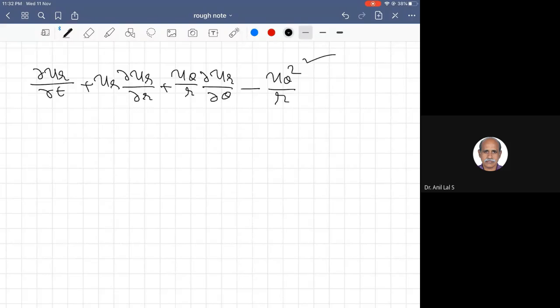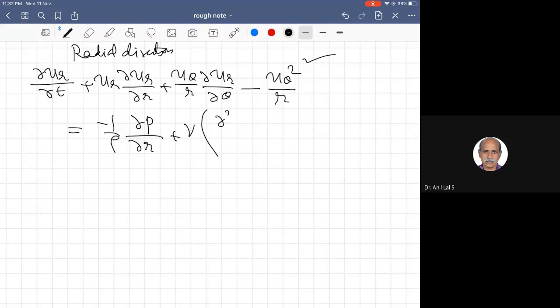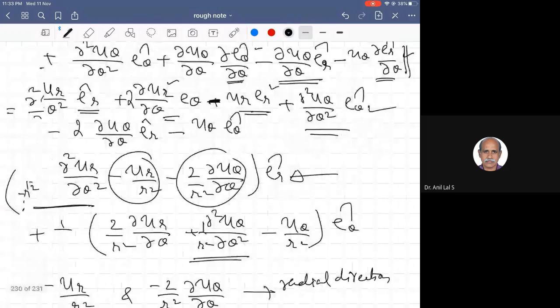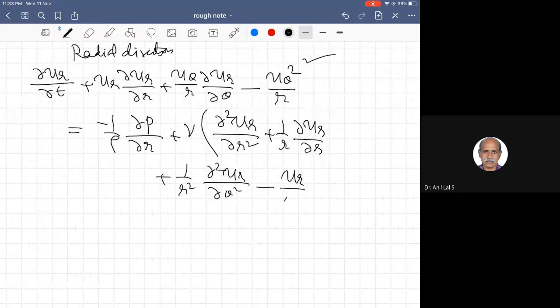So we write for the radial direction momentum: minus 1 by rho dou p by dou r plus mu into dou squared ur by dou r squared plus 1 by r dou ur by dou r plus 1 by r squared dou squared ur by dou theta squared, minus these two extra terms, that is minus ur by r squared minus 2 by r squared dou u theta by dou theta.